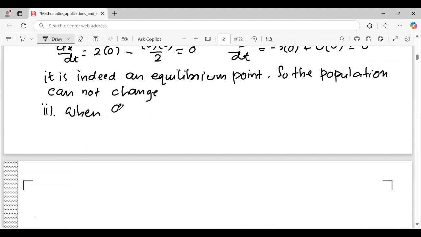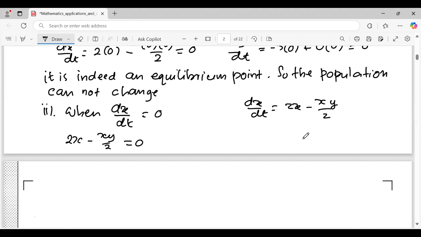When dx/dt is equal to 0, it means 2x minus xy over 2 equals 0, because dx/dt equals x minus xy over 2. So we can calculate all terms, multiplying by 2.